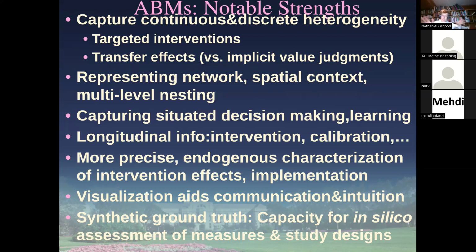You can capture situated decision-making, agents whose decision-making is different based on how many of their friends have caught COVID. So maybe that shapes whether they go for a vaccination. Or if any of their friends is expressing suspicion, wrongfully, of the COVID vaccine, maybe they are affected.